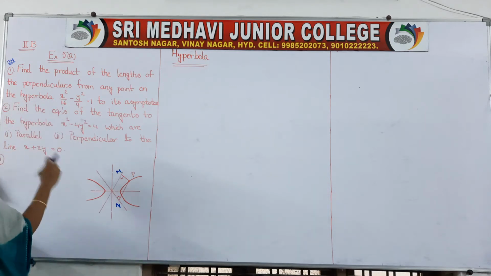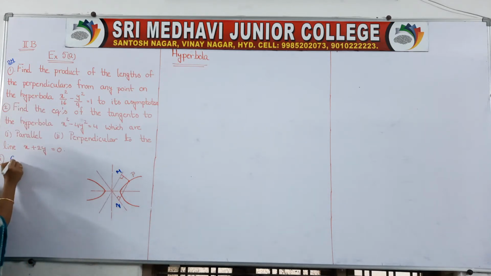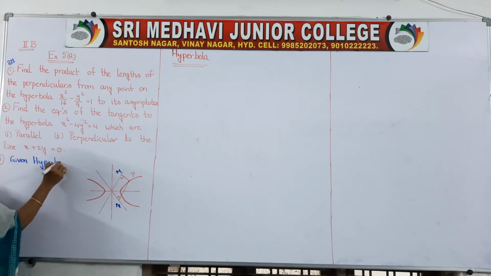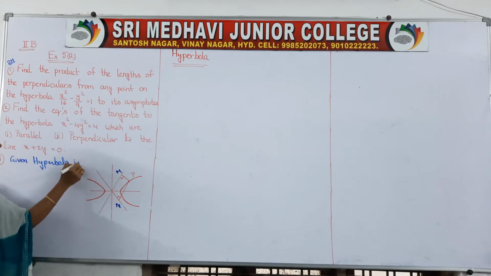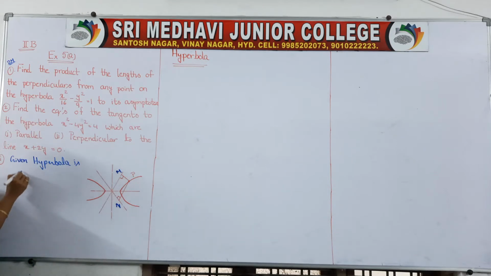So the given hyperbola equation is x square by 16 minus y square by 9 is equal to 1.